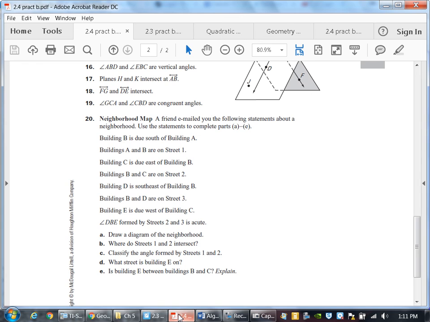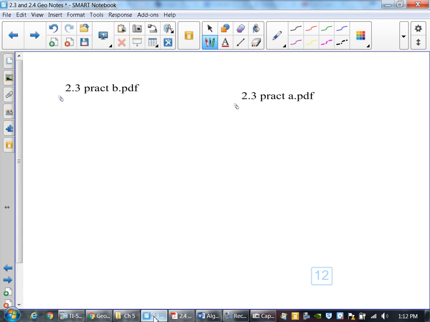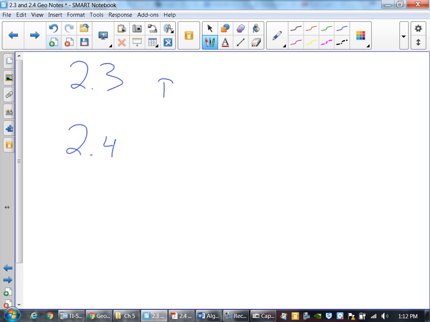The last little bit works out to be what I want you to work on tonight. I'll give you a little bit of time because this works out well. There's two sections, section 2.3 and section 2.4. One of them's on page 90, the other one's on page 100. I'm going to walk you through the first one to make sure we got them right. 4 through 9, and then 14, 23.